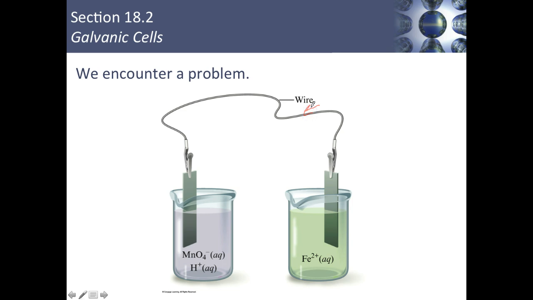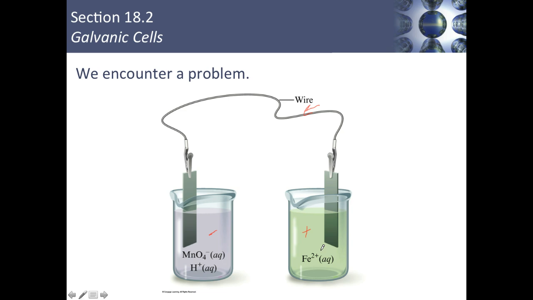Now, if the electrons are flowing that way, eventually we're going to end up with a slightly negative here and a slightly positive here. Why? Because as the electrons go that way, we're going to end up with more of these iron 2+ ions just hanging out in the solution.